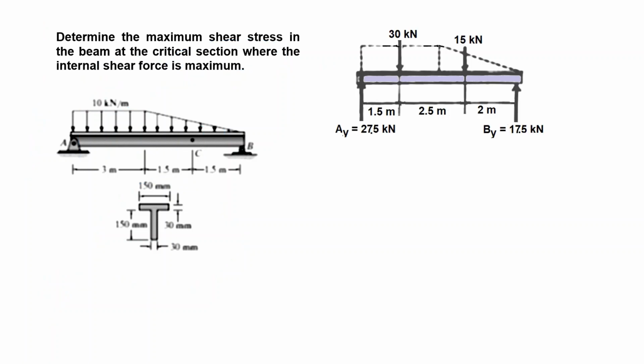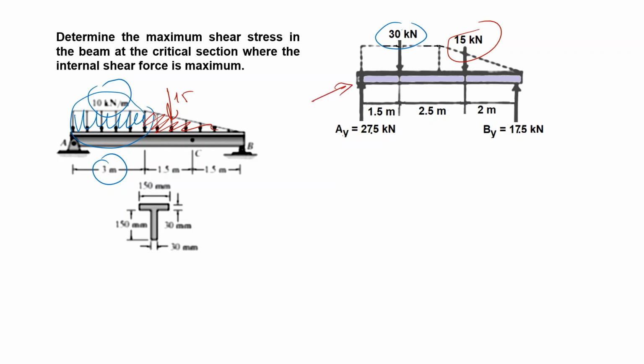For this, the first thing I have to do is, instead of this distributed load, put 10 times 3, 30 kilonewtons, and then for the triangle, I put a force of 15 kilonewtons. The next step is to write an equilibrium equation.